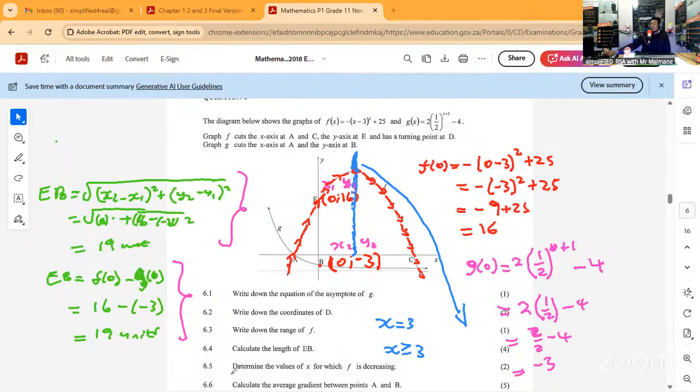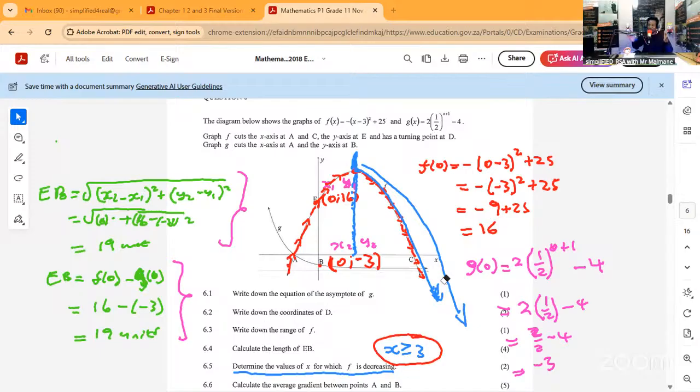So when we answer the question, determine the values of x for which f is decreasing, from 3 going further in that direction, all the values, we say the answer is x is greater than or equal to 3, not x equals 3. But thanks, that was a nice guess, ne?